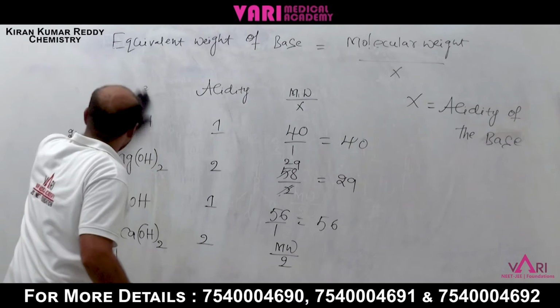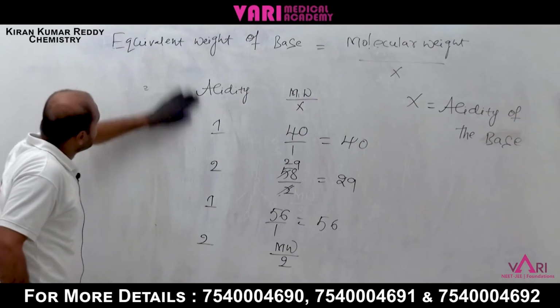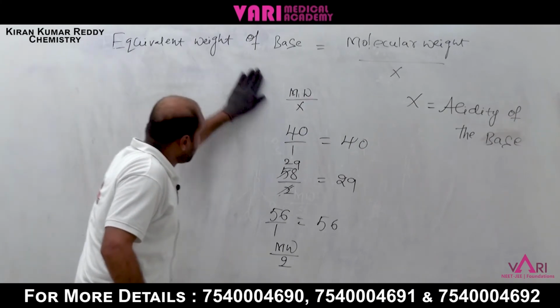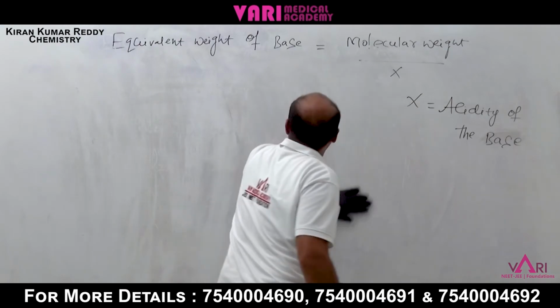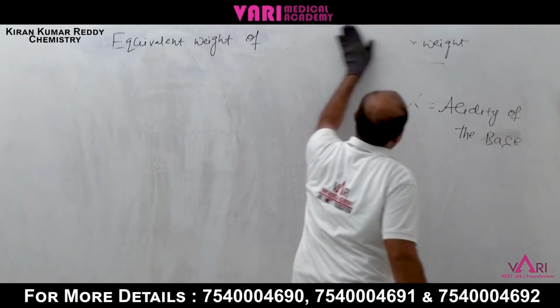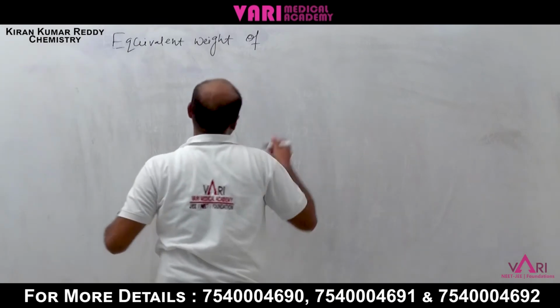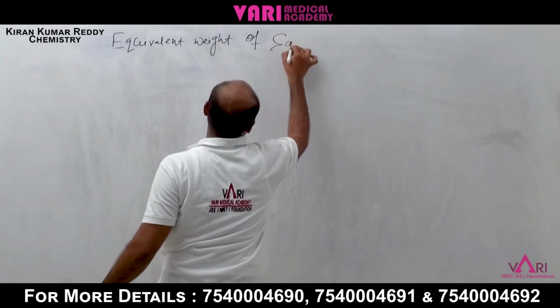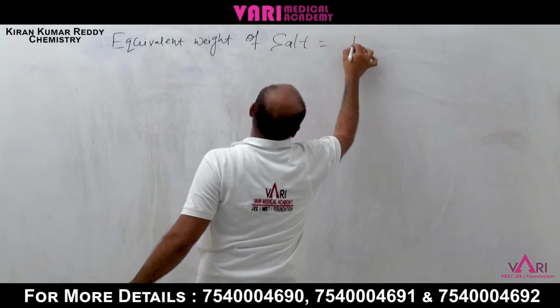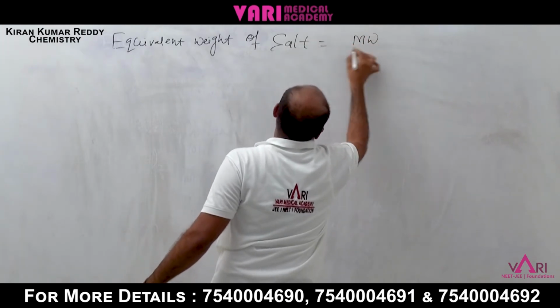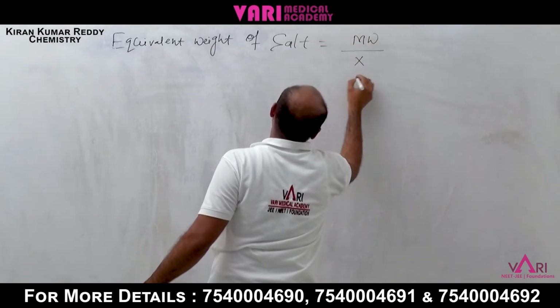Next is the equivalent weight of salts. How do we calculate the equivalent weight of salts? Write: equivalent weight of salt is equal to molecular weight by X. What is the meaning here?